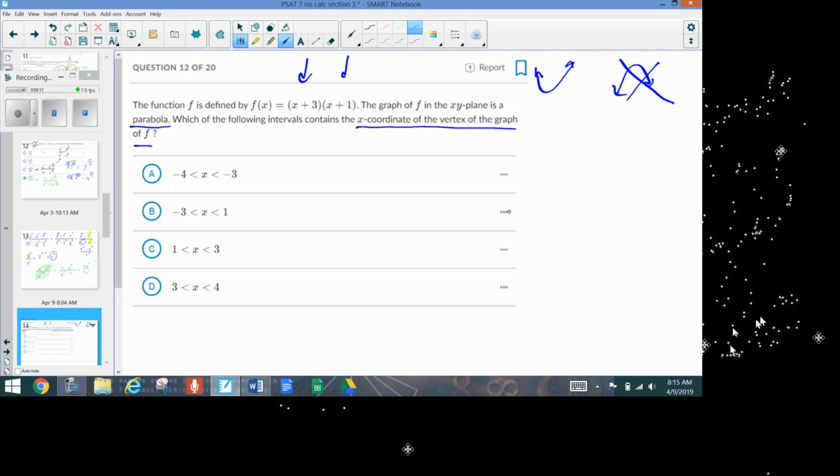Okay, now let's graph the graph. What number makes here 0? -3. So it's the 0 of that. -3 here. And what number makes here 0? -1.